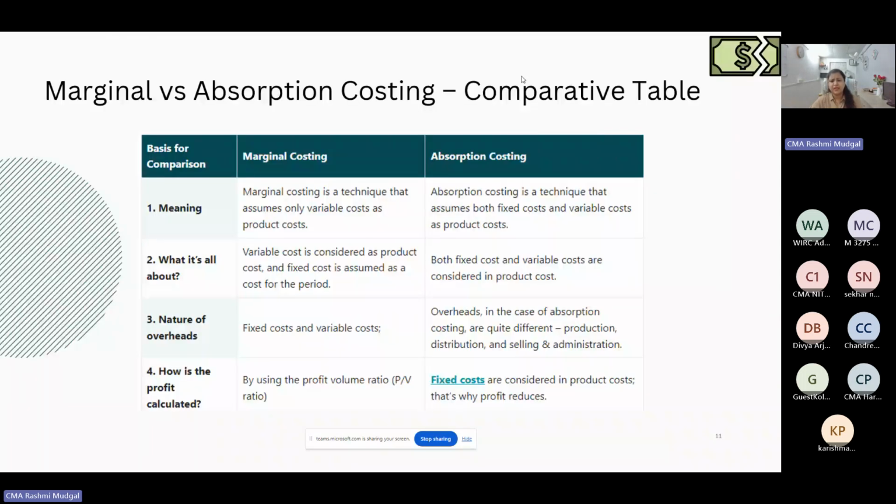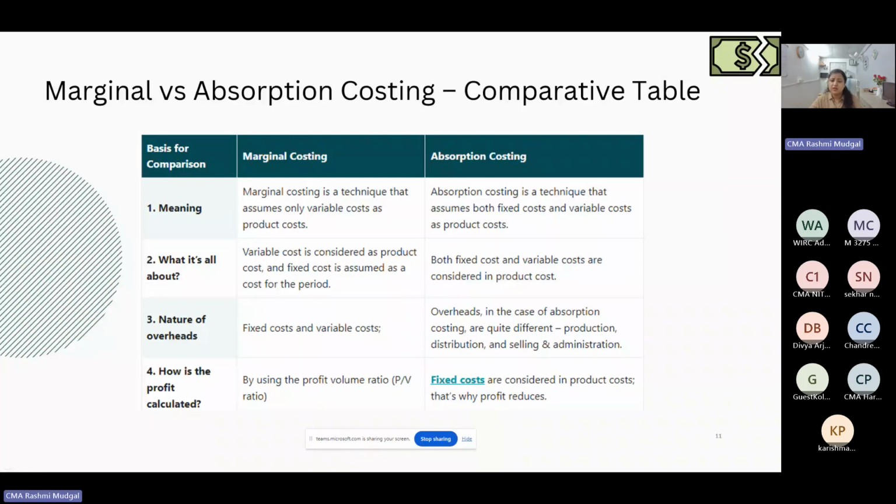But there is more meaning we can go into further. The marginal costing technique assumes only variable cost is a product cost, but absorption costing is a technique that assumes both fixed cost and variable cost as product cost. Variable cost is considered as product cost and fixed cost is assumed as a cost for the period.